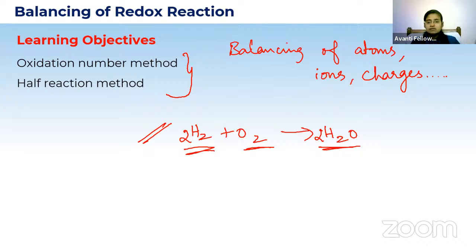That's why we use these two types of methods to balance a redox reaction. Clear for all of you? Shall we start with the oxidation number method?